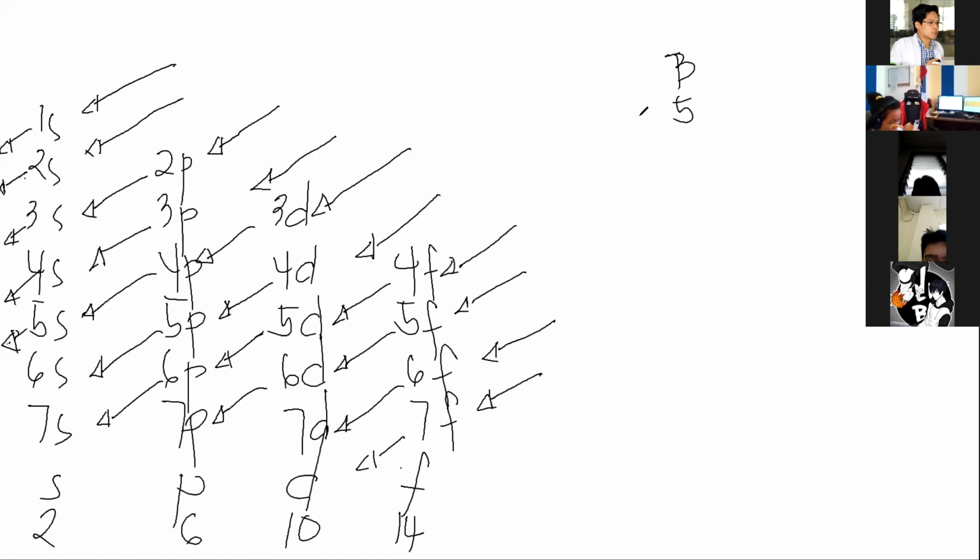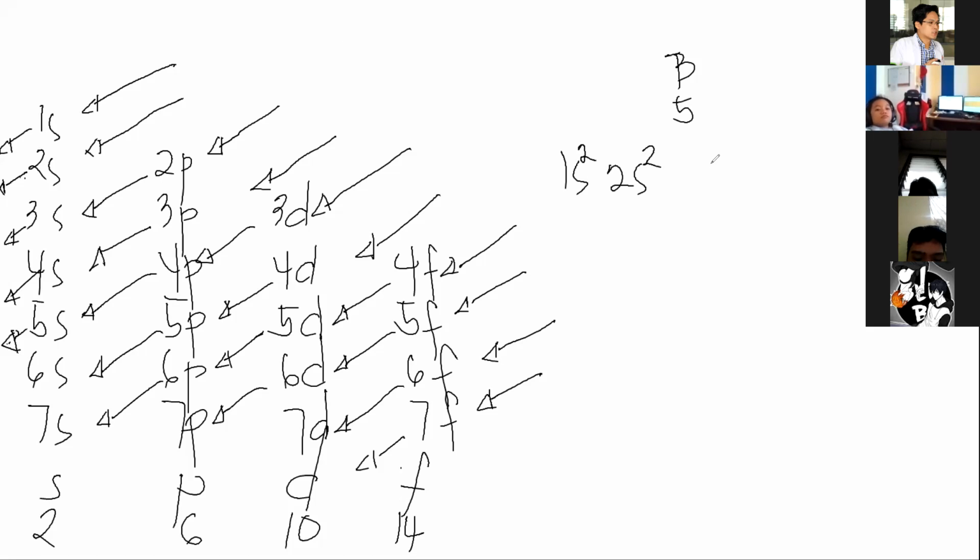Alright, going back, the atomic number of boron is 5. Since it is 5, we need to gather a maximum of 5 electrons. Let's start with 1s. How many is the maximum number of electrons that the s orbital can contain? We have 2. Then 2s, 2. You need to follow the direction.